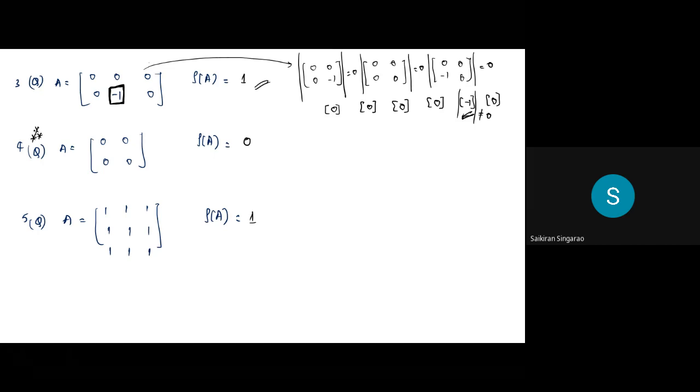This is basically a null matrix. In the entire matrix theory, only a null matrix is such a matrix whose rank is 0. Only a null matrix will have rank 0. Always remember, this is a property in fact. Only a null matrix has a rank of 0.